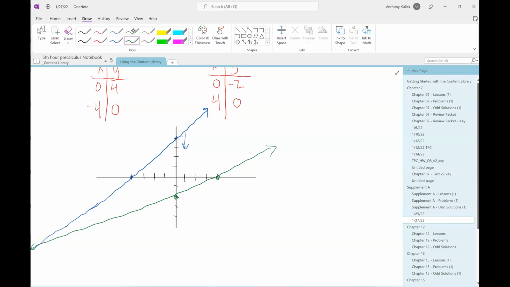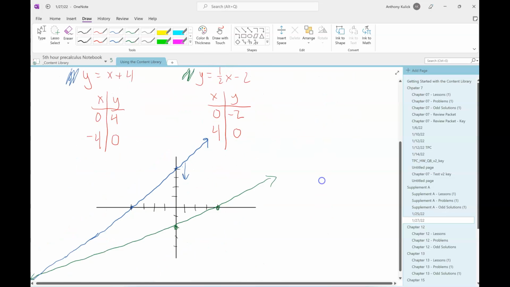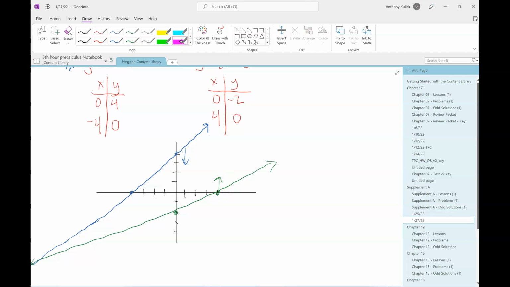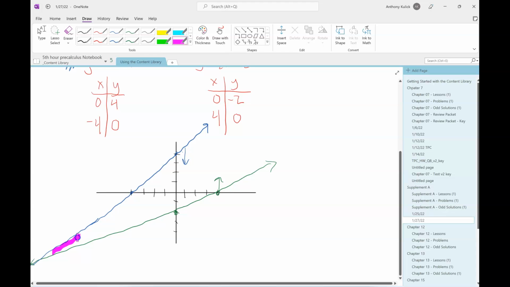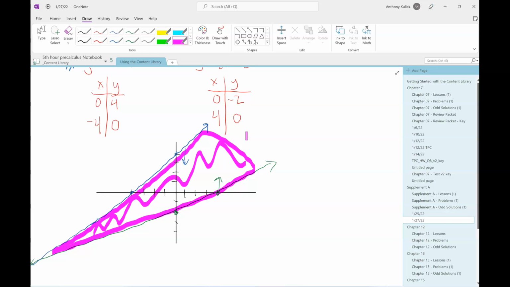Again, I know it's a solid line because this was a greater than or equal to inequality. And since it's greater than or equal to, I'm shading above. So my region of overlap is just going to be this section in between the 2 lines.